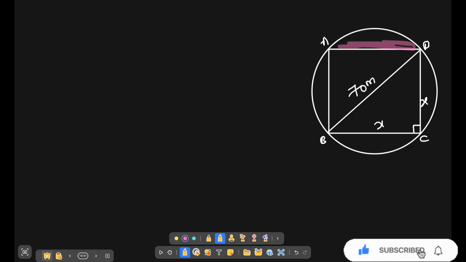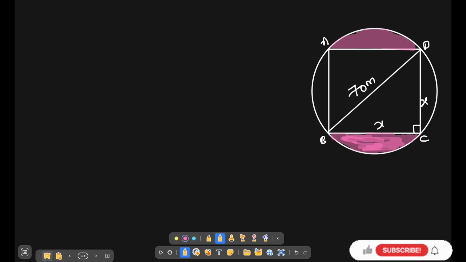This part. How do we get this part? From the circle area, we have to minus a square area. Then we will get these four equal areas.